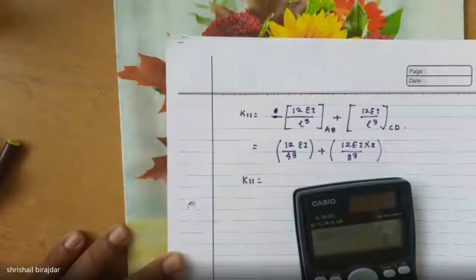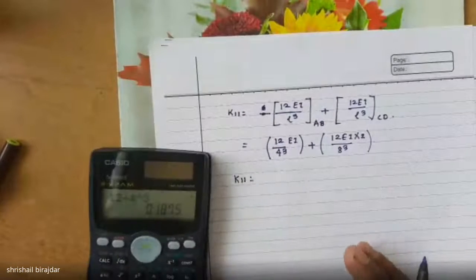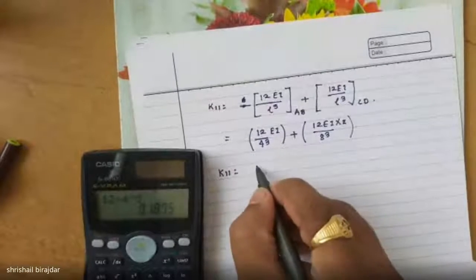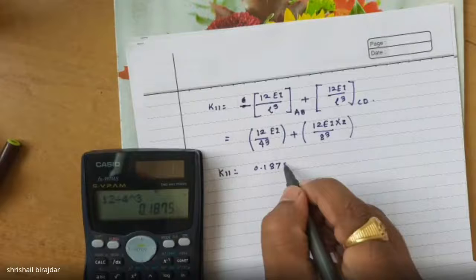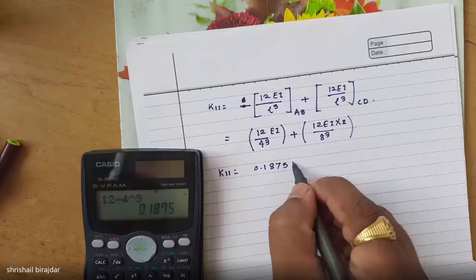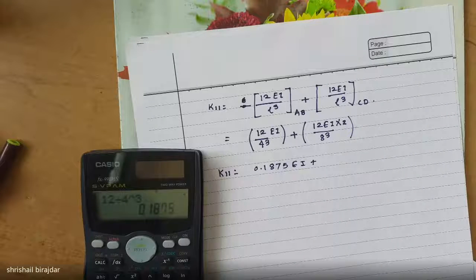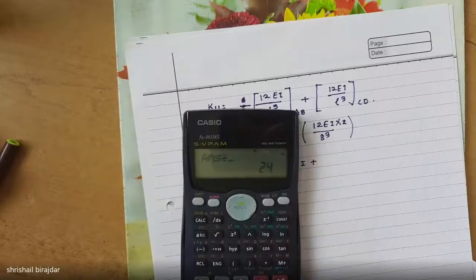Do your own calculations, because it requires practice while calculating. Sir, total 0.23. Okay. Please wait for others. Divided by 8 cube.